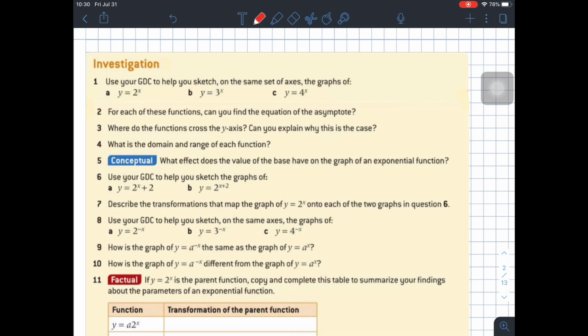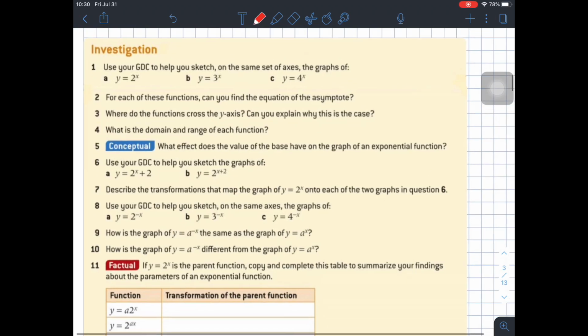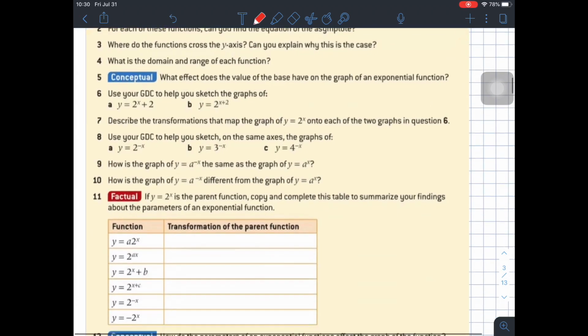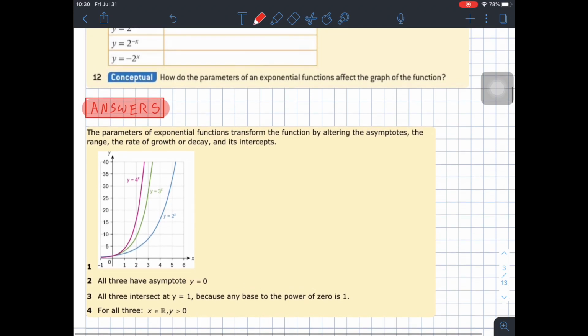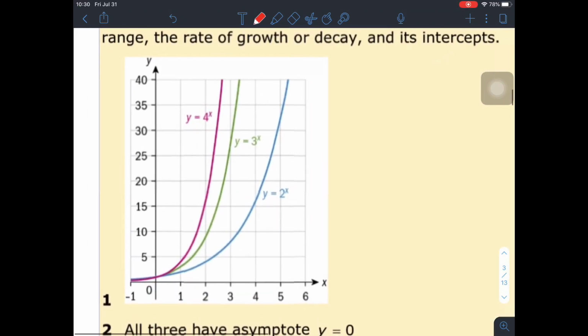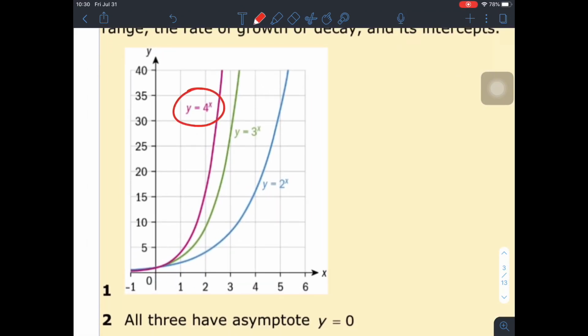To buy some time, I have already put the answers for this. So for number 1, if we scroll down, you have the answers here. If we plot the three functions, y equals 4 to the power of x, 3 to the power of x, and 2 to the power of x, you see that all of these are exponential functions, and what the different bases are causing is a change in steepness of these exponential functions, right?